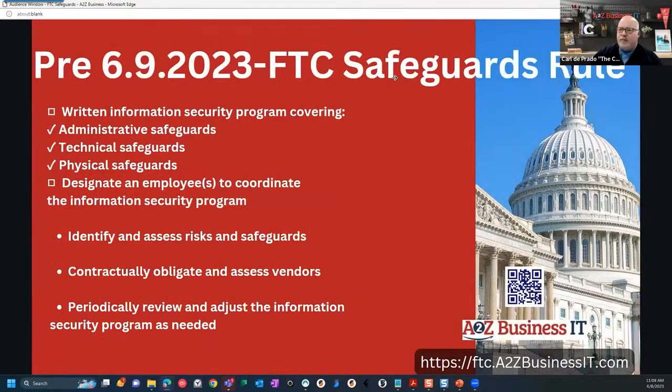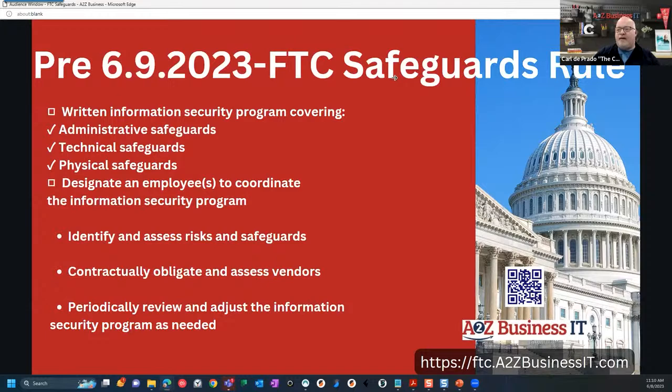We said this is the new one, so there was an old one. There's a current one as of today, which will be expiring at 11:59 and 59 seconds tonight. Businesses that fell under this had to have a written information security program, which had administrative, technical, and physical safeguards.